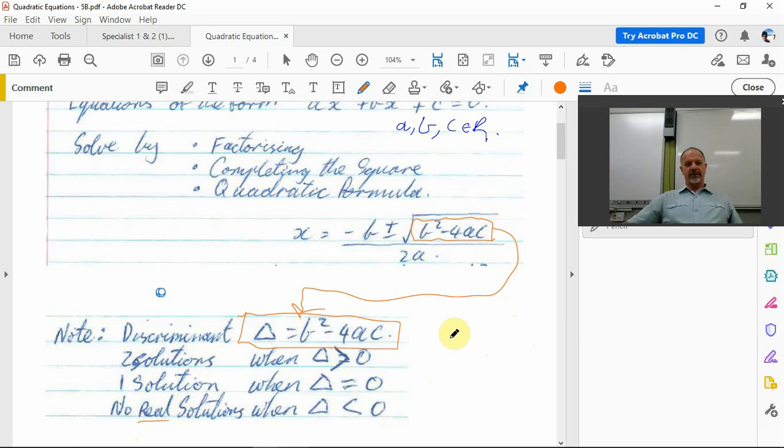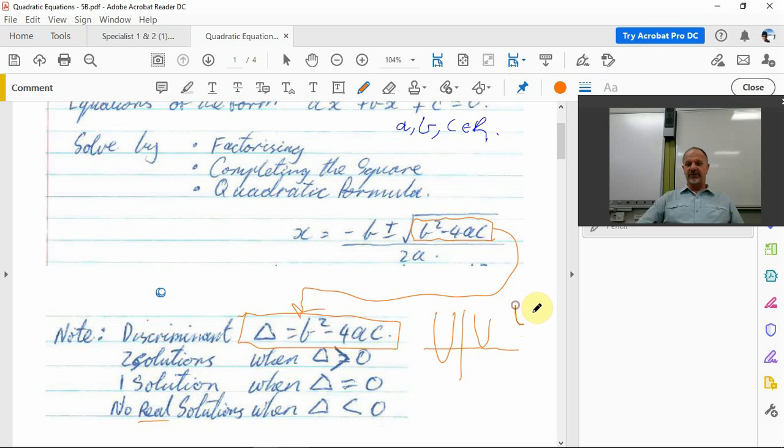All right, so if we were, for example, looking at a graph, to graph these things, and we were making it equal to 0 to find the x-intercepts, then if we've got two solutions, like the first one, we've got two x-intercepts. If we've got one solution like the second one, then we've got our turning point bang on the axis.